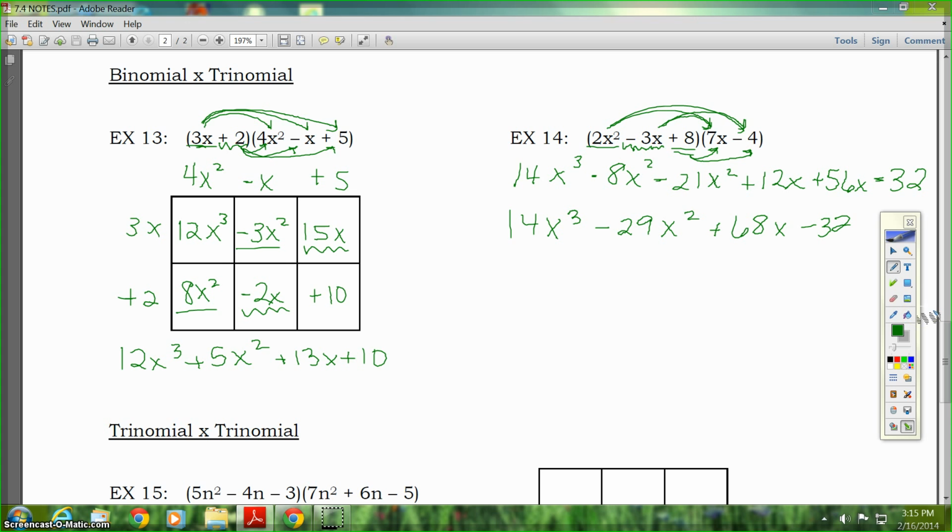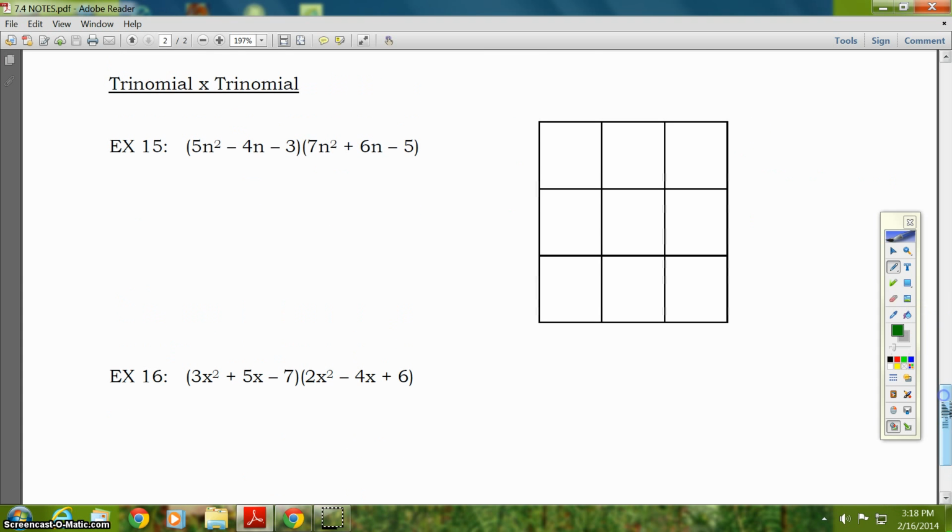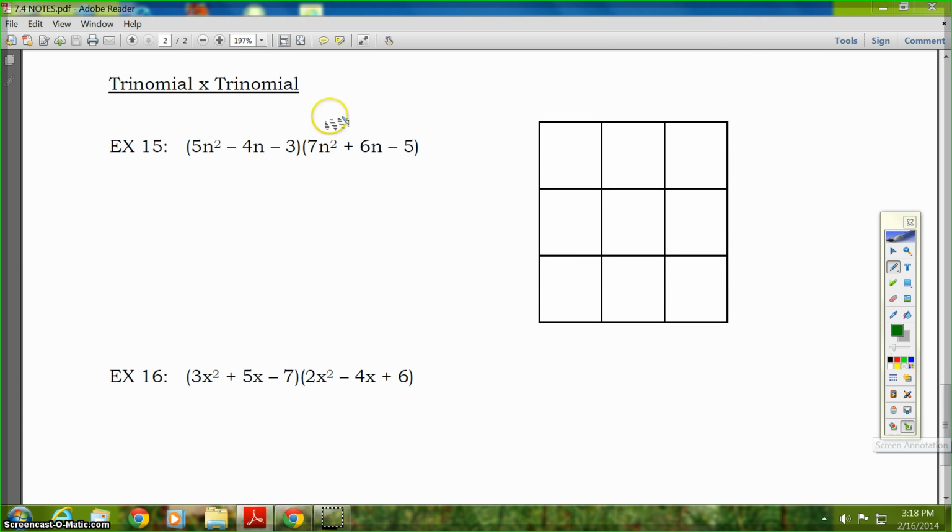Okay, I'm going to move on down, and we're going to be multiplying a trinomial by a trinomial. With my trinomial times trinomial, I can go ahead and use my box method here. And each box represents a different term. So I'm going to take the 5n squared on top here, the negative 4n in the middle, and the negative 3 on the end.